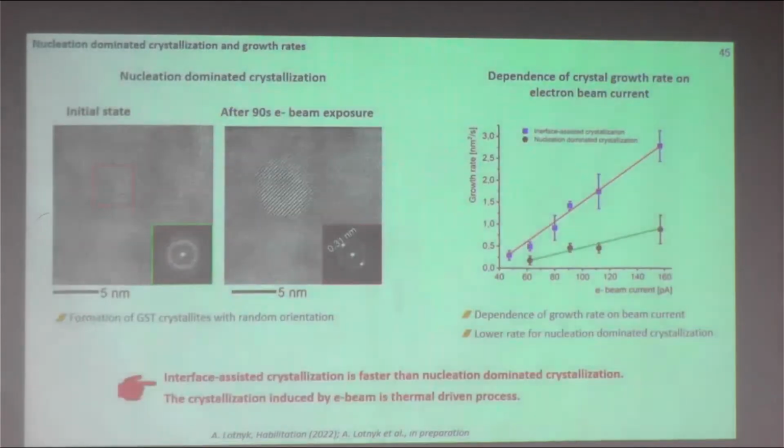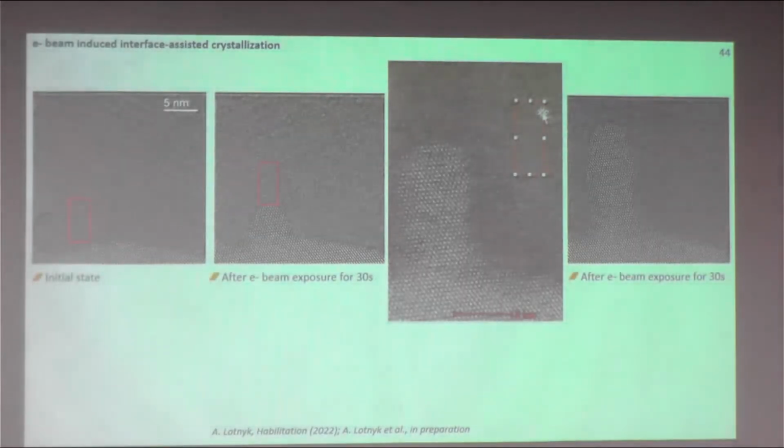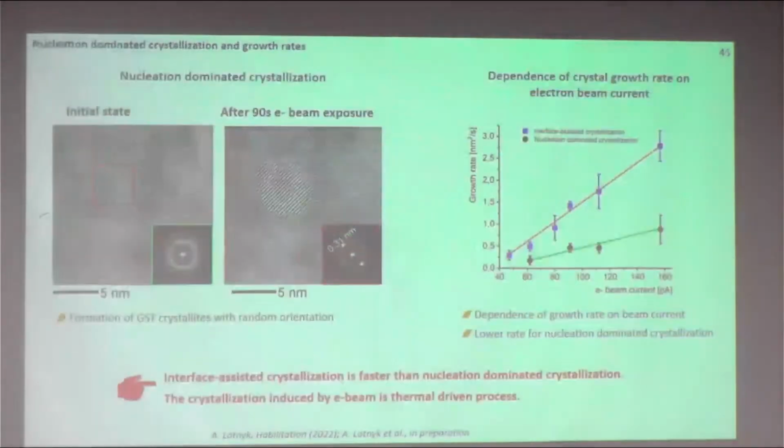According to these results, the order of the amorphous state close to the interface is much higher than in the middle or at the top. This is one of the reasons why this crystallization is faster than crystallization solely from the amorphous phase.